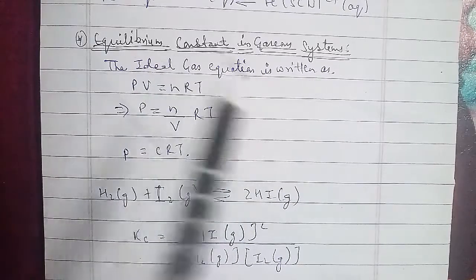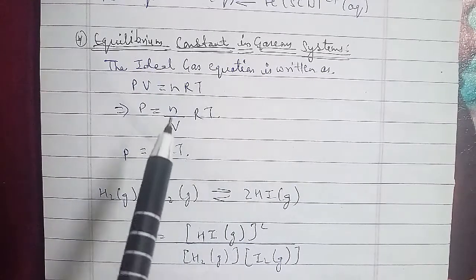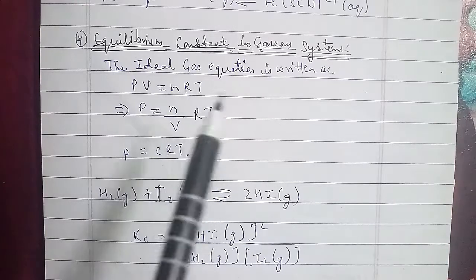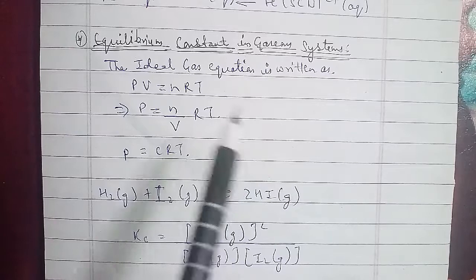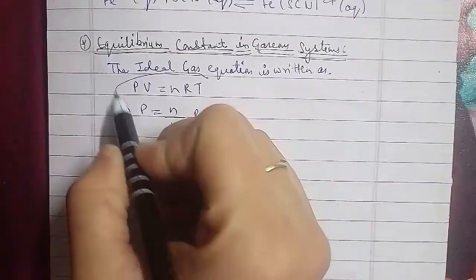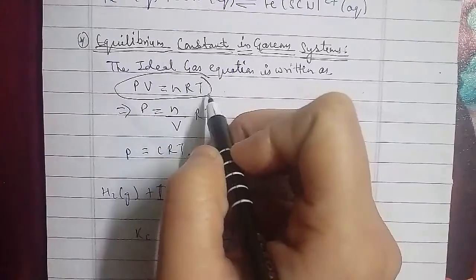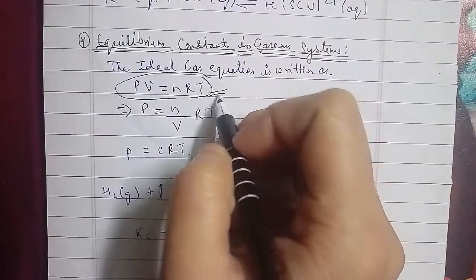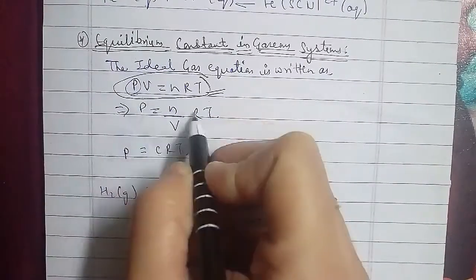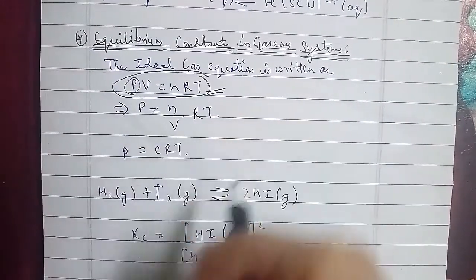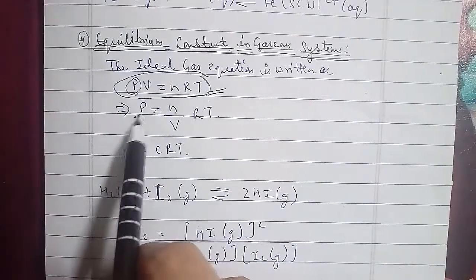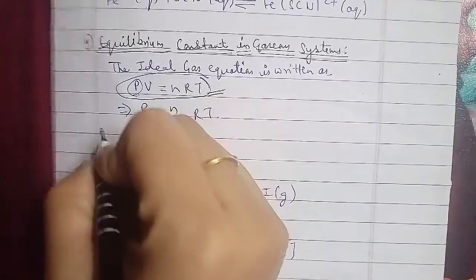of the partial pressure. The ideal gas equation can be written as PV equals nRT, that you know very well. And for P we have to find out, we will go downward, and that is P equals n upon V times RT here. With regard to that, P is your pressure, that is in Pascal here, and n is the number of moles of a gas, and V is the volume here.